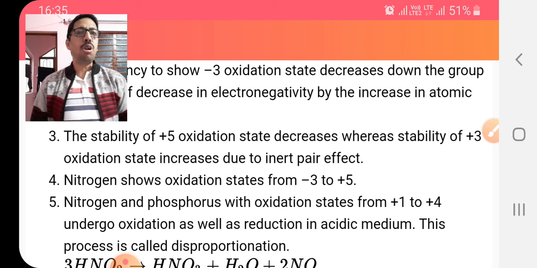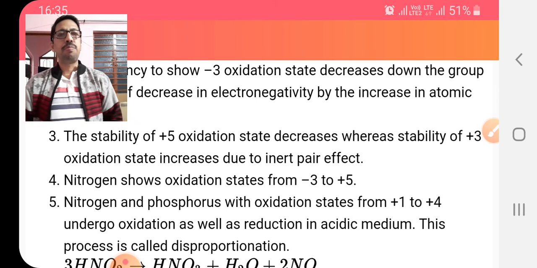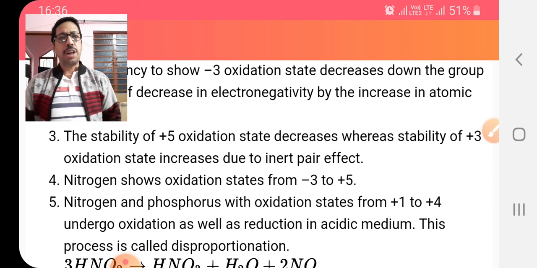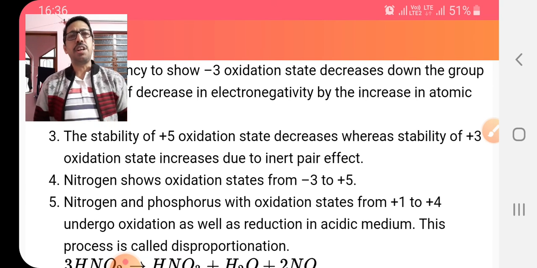This process is called disproportionation. What is the meaning of disproportionation? I think I need to make it more clear.